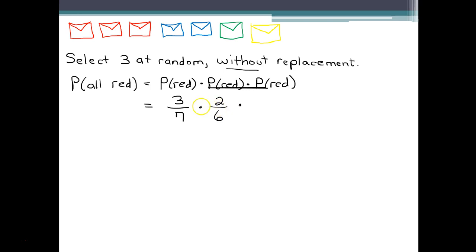Then you assume, oh, on that second draw I got my red and I kept it. So on the third draw, there's 1 red envelope out of 5 possible envelopes. So you multiply all that together, you get 6/210, which does reduce to 1/35.